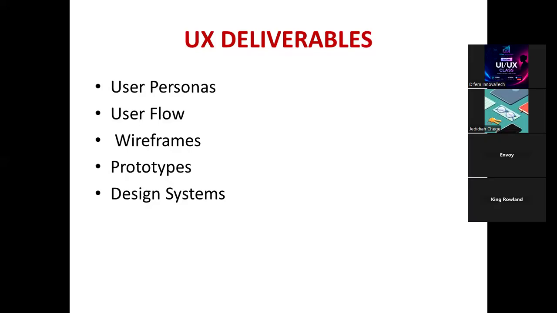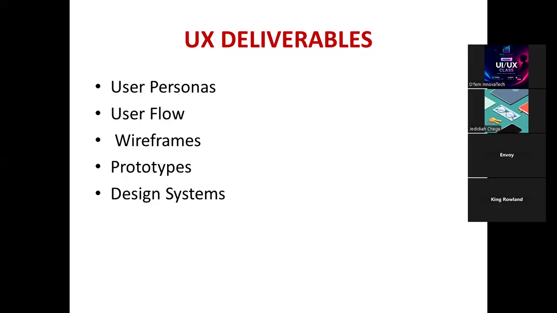Mid fidelity is when you use Figma to set out your wireframe with boxes and shapes. The buttons are there, but the colors are not there. High fidelity is when everything is properly finished. You've added your colors, your proper fonts, the pictures and illustrations that you want to use on each screen.